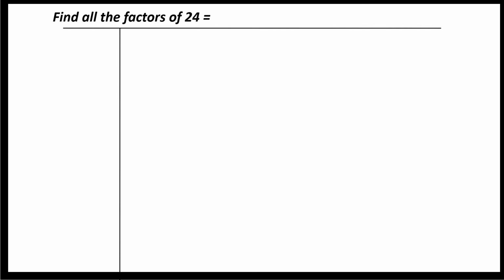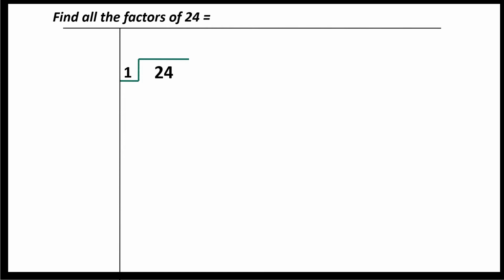Let's find all the factors of 24. Remember, in order to find the factors of a number, we divide the number by 1, 2, 3, 4 and so on. So to find the factors of 24, first we divide 24 by 1 and find out if the remainder is 0 or not.